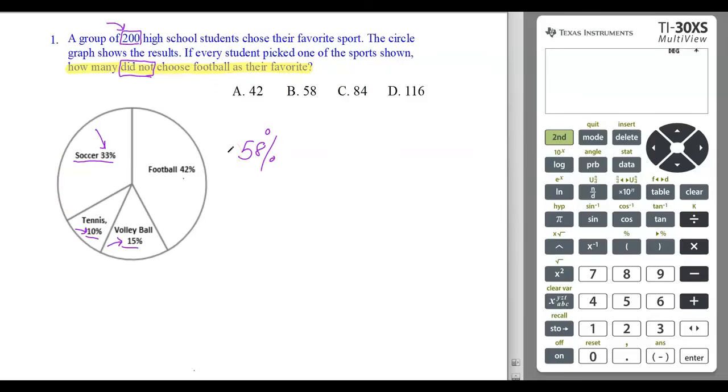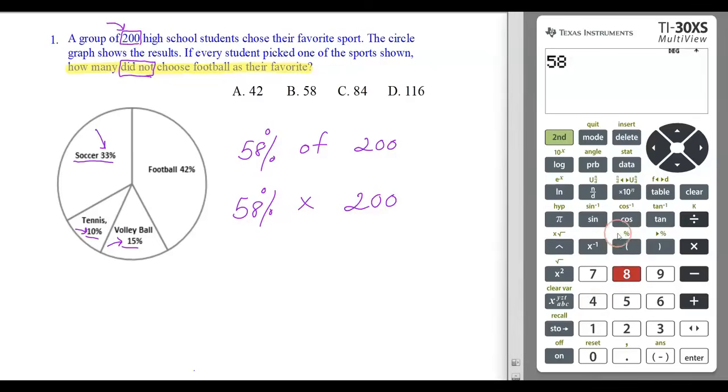So in my mind, I'm thinking 58% of the total students, which is 200. Usually in mathematics, "of" in these types of problems turns into a multiplication sign. So I'm just going to go 58%, turn this into a times sign, 200. You can just punch this in on your calculator. 58.